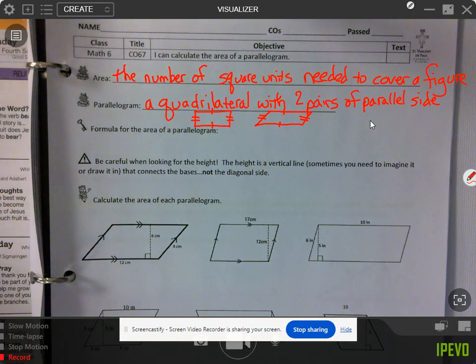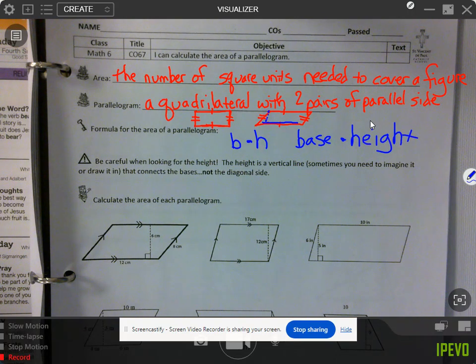But our parallelogram, we cannot find the area the same way we do as our rectangle. So instead of saying length times width, like we did with the rectangle, we're going to say base times height. So the formula to find the area of a parallelogram is base times height.